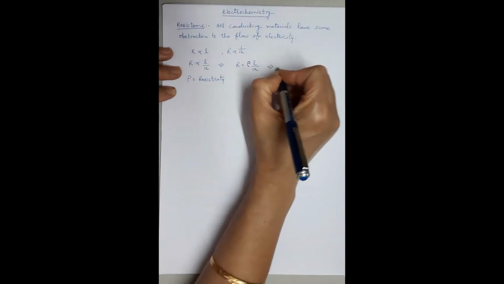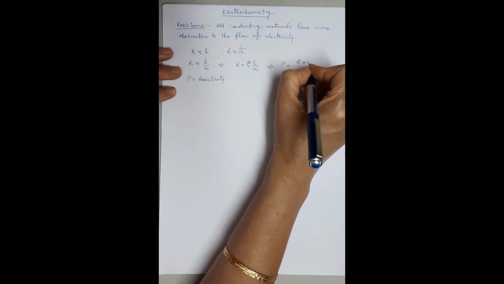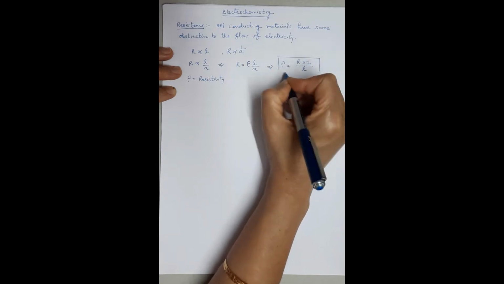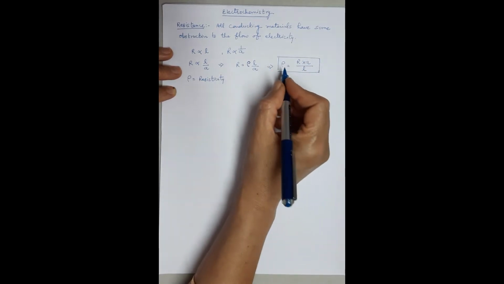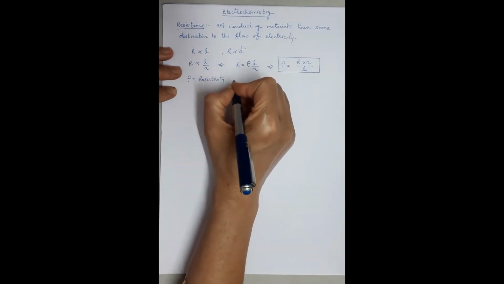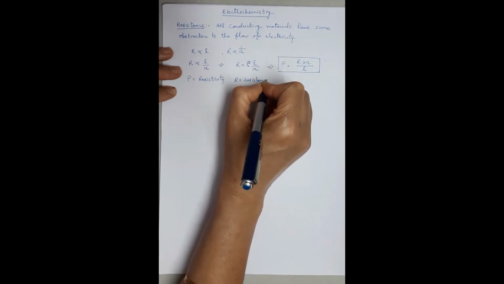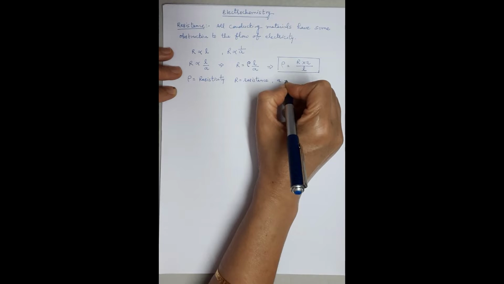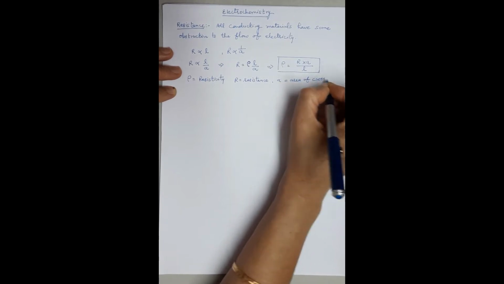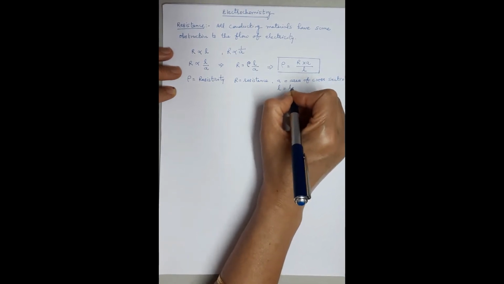So I can write down here rho is equal to R into A upon L. I'll explain the meaning of all these terms. Rho is resistivity, R is resistance, A is area of cross section, and L is length of conductor.